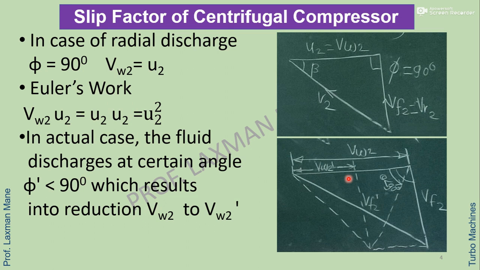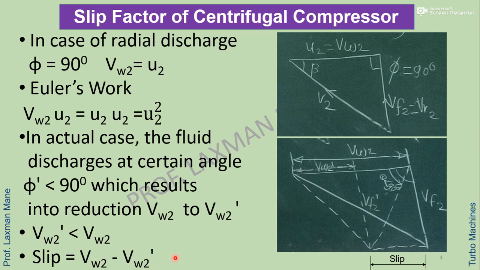This is the reduced component. So here VW2 dash is less than VW2. Now the difference between these VW2 and VW2 dash is shown here as a slip. So formula for slip is equal to VW2 minus VW2 dash.